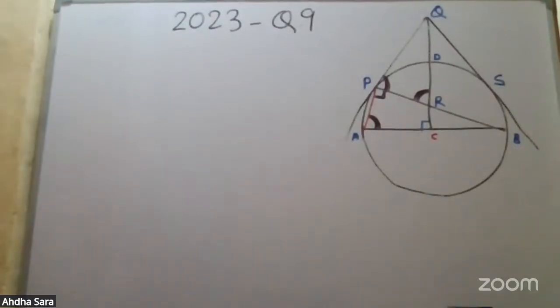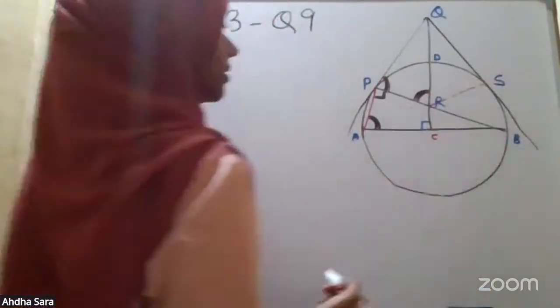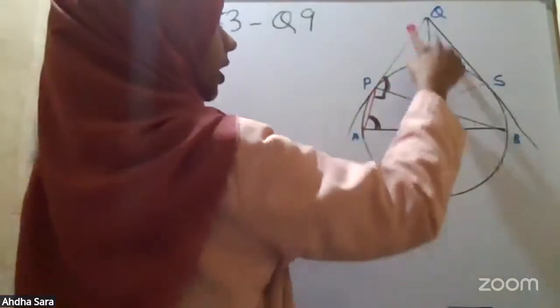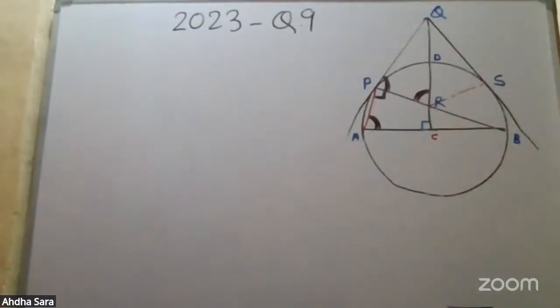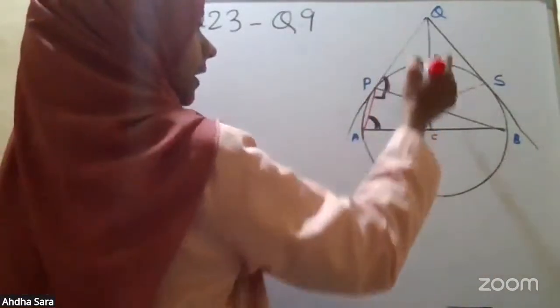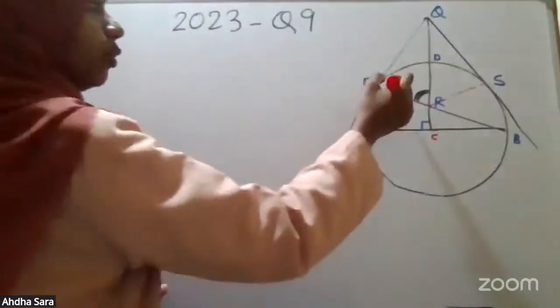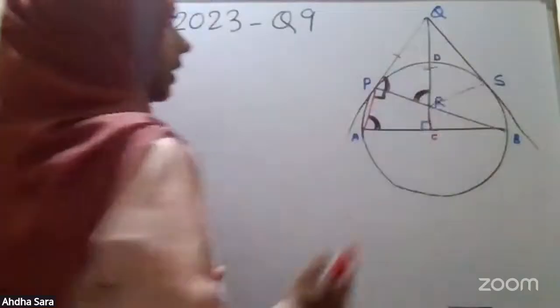Next, they have asked, join RS and show that RQS is an isosceles triangle. You have to join RS and prove the triangle QRS is an isosceles triangle. You have already proved that these two angles are equal, therefore these two sides will be equal.